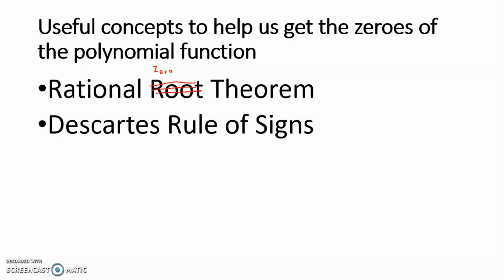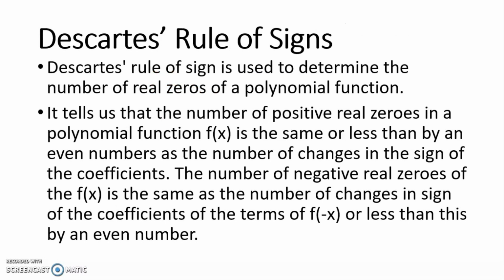Then, what else? We also have the Descartes' rule of signs. Now, what is Descartes' rule of signs? Actually, before you use the rational zero theorem, you can use the Descartes' rule of signs. Why? Because the Descartes' rule of signs is used to determine the number of real zeros of a polynomial function.